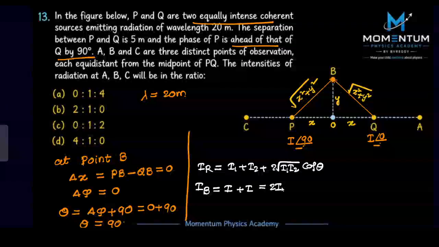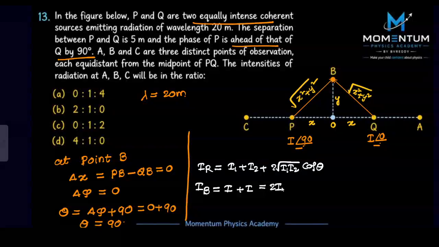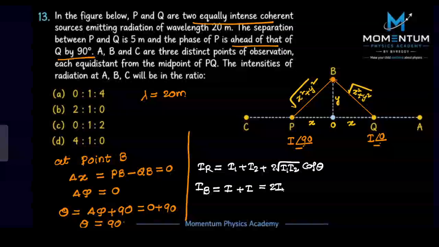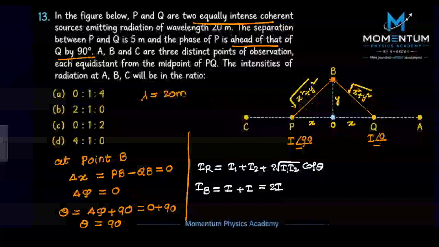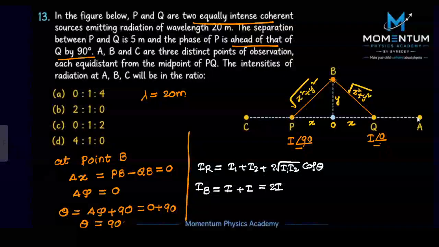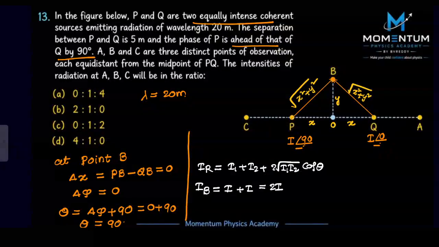Now let's find at the point A and C also. At the point A, look, we need to see the distances and the path difference. So the wave which is at P to A, how much is the distance?